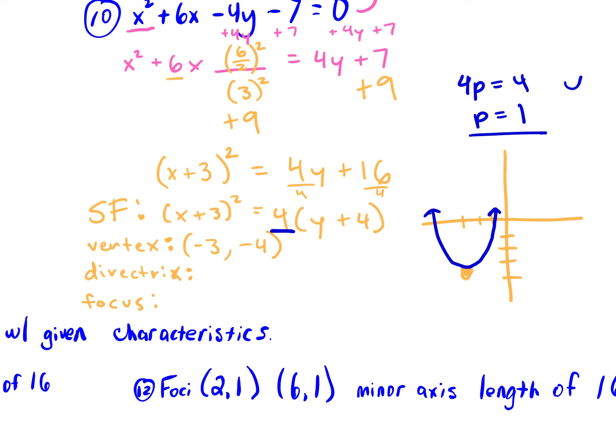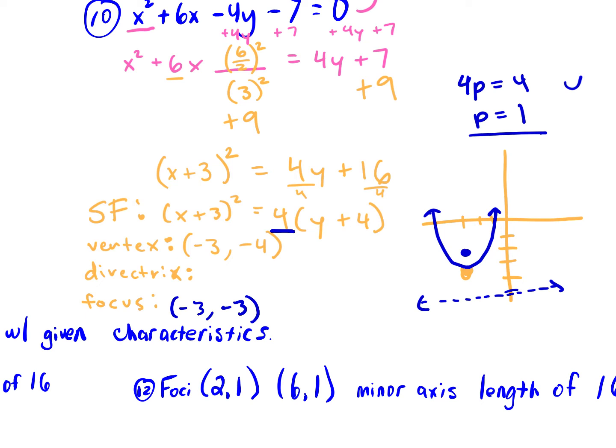P, again, is the distance from the vertex to the focus. So I go up 1. And P is the distance from the vertex to the directrix. So that would be down 1. So looking at my graph, I can just look at the point that I put on there for the focus. So I went to the left, -3, and down 3.